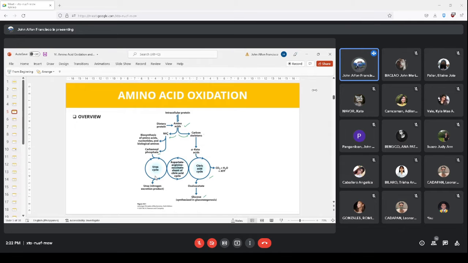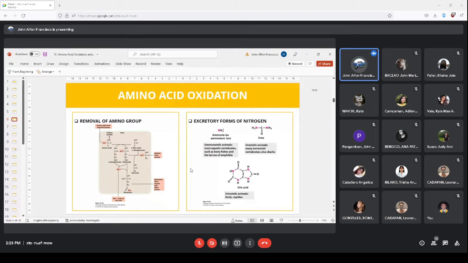And urea cycle will be the formation of urea, which is the excretion product or the waste product in form of urine. Okay? So this is the overview of what happens in the amino acid catabolic pathway. Okay? So we will get into details about that.